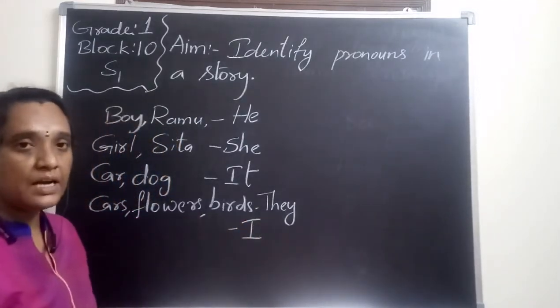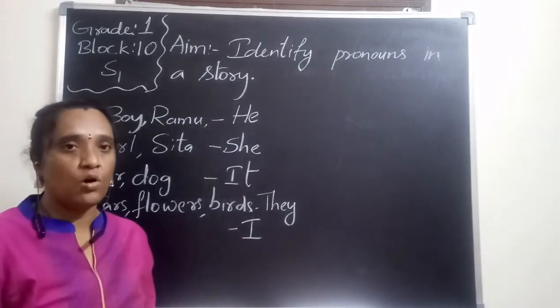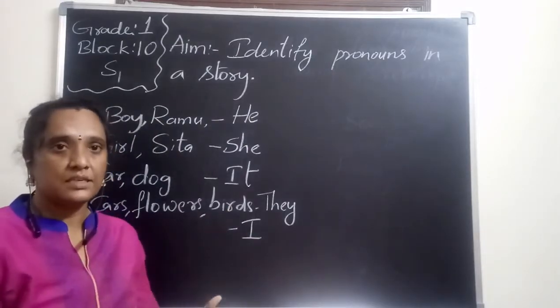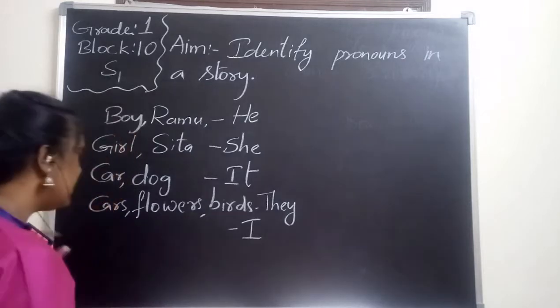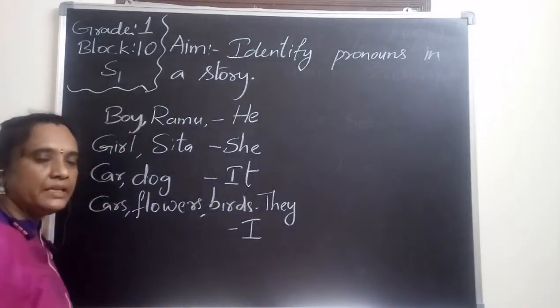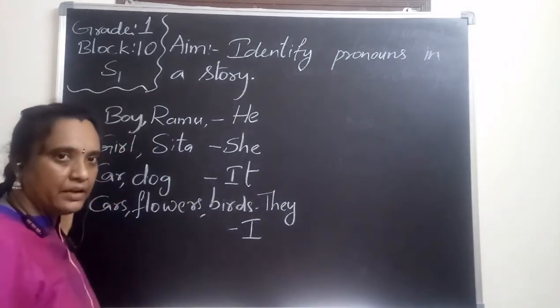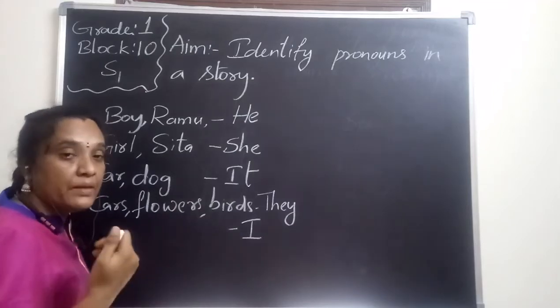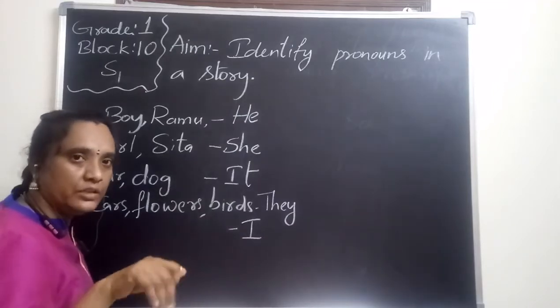Next, what is the other one? It is the combination of others and yourself. So who will be there in your house? Maybe your parents, your grandparents, your brothers and sisters. So all together live in a house.